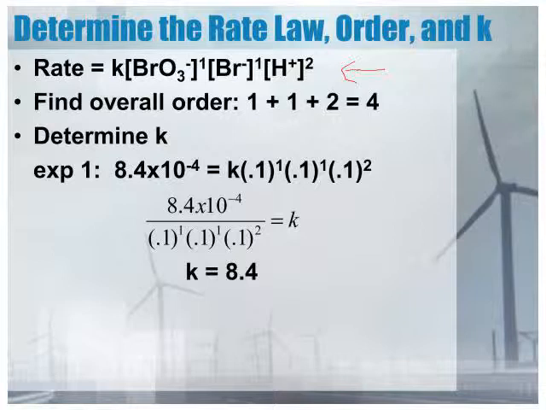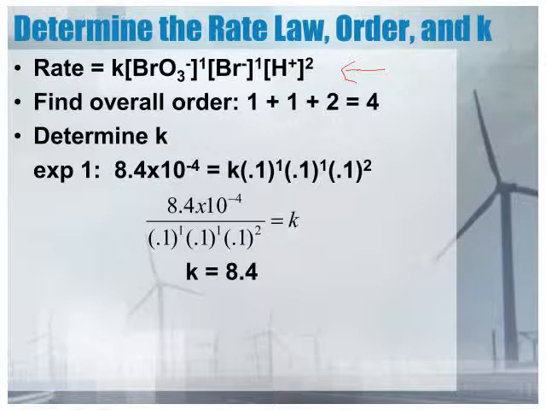And if I asked, what's the order for BrO3⁻? It's a 1. The Br⁻ is a 1, and then the H⁺ is a 2. So those are their individual orders, meaning how does the changing of those concentrations affect the rate. And then for overall, for the whole reaction, that's where you add them together.